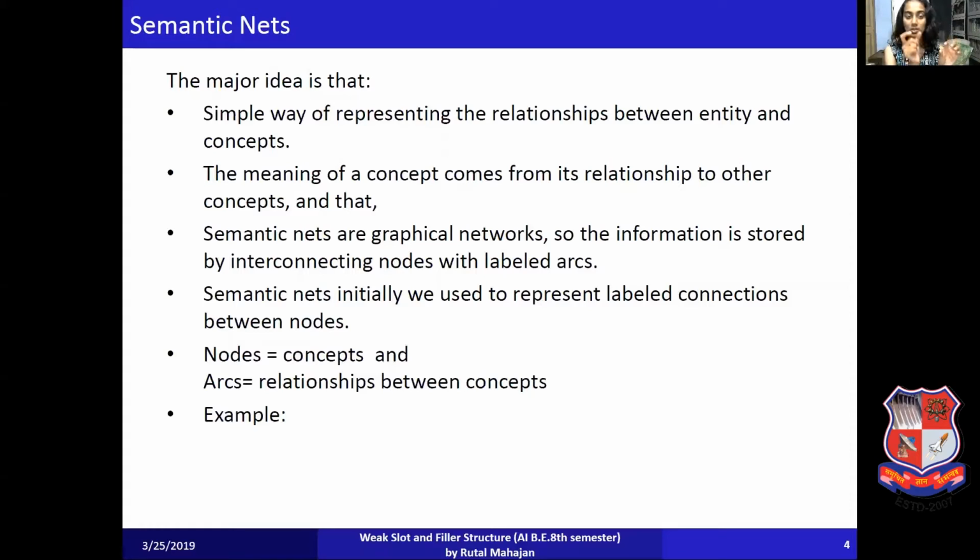That label shows the relationship between those 2 nodes or concepts. Initially, semantic nets were used to represent labeled connections between nodes. Nodes represent concepts, and arcs or arrows represent relationships between concepts. Let's see the example.